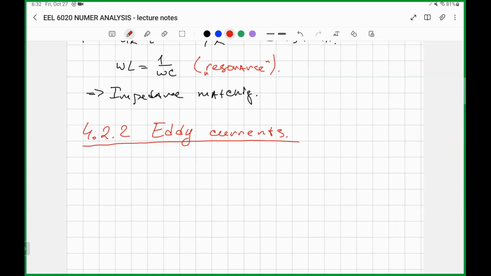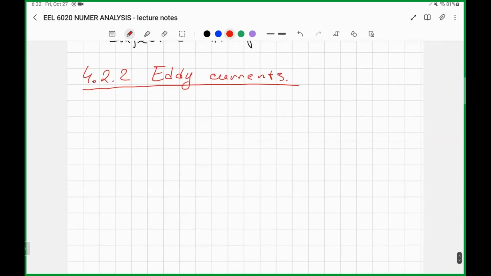Okay, so what are eddy currents? So let us imagine, or let us consider a piece of metal like this. So this is a metal, or metallic slab. Okay, metallic slab. It can be copper, aluminum, whatever.